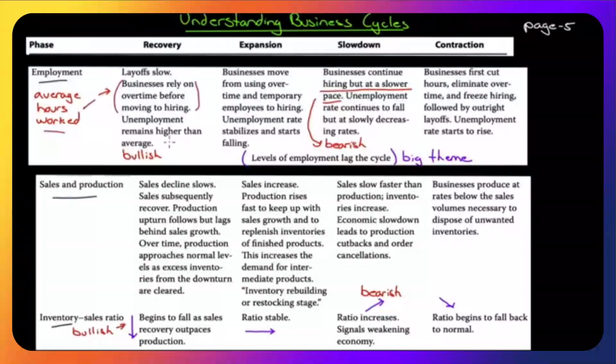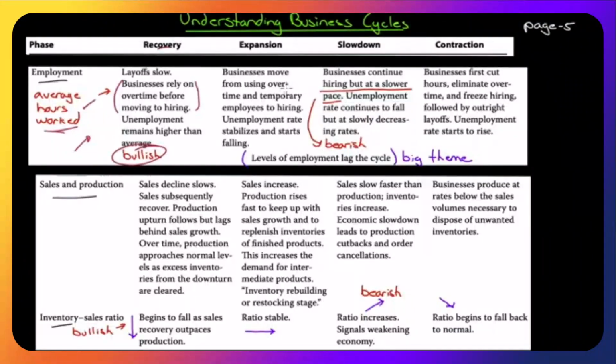Unemployment remains higher than average. When we start to see average hours worked start to creep up, that's a very bullish sign for equities. Even though we're just in the recovery, the output gap is negative, where the indicators are still below average but starting to turn up. That's usually a very early sign to move into equities.